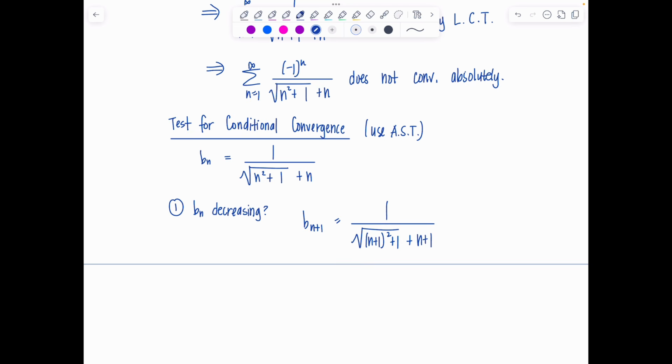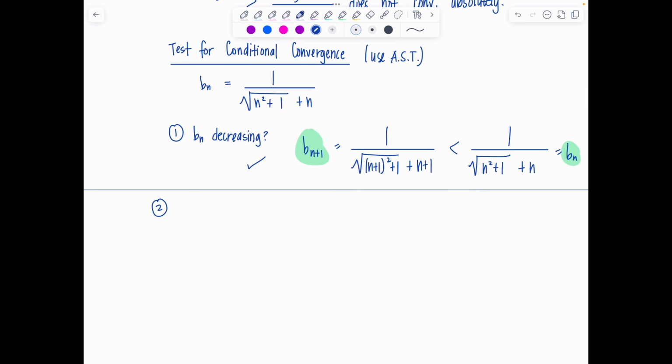Oh, only the denominator is changing, right? Do you see that? In Bn plus 1 compared to Bn, the denominator got larger. Numerator is the same. Therefore, if the denominator is larger, this has to be smaller. This is the definition of decreasing, to say the following term, Bn plus 1, is smaller than the one that preceded it. Okay, so for sure we passed that.